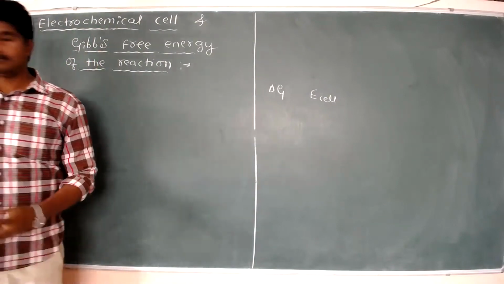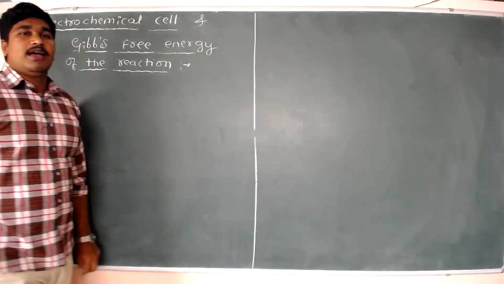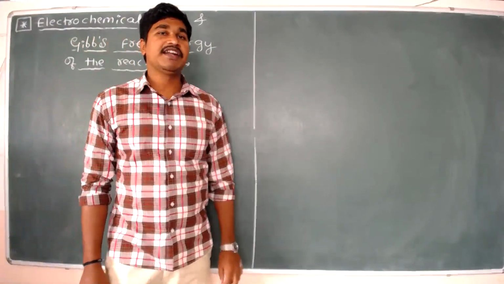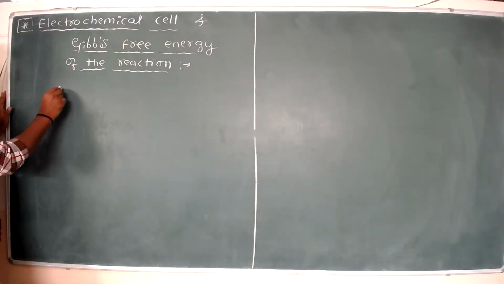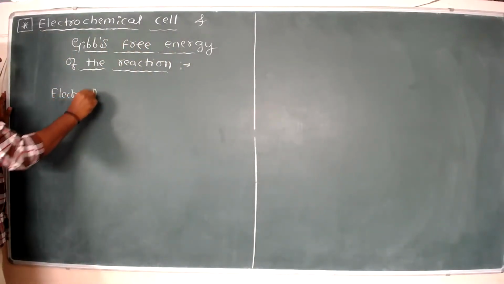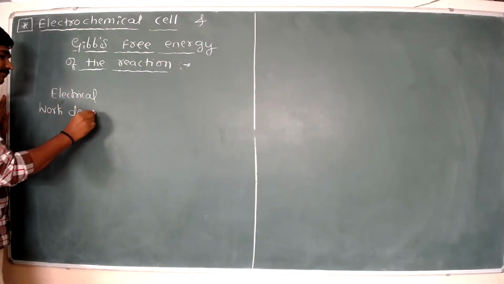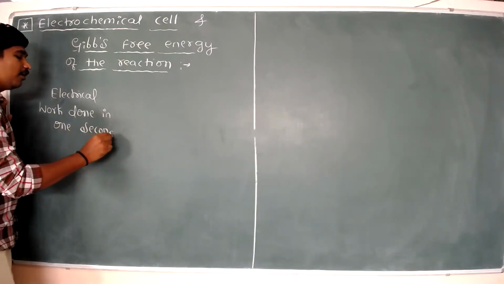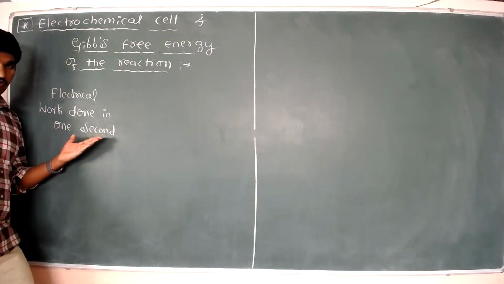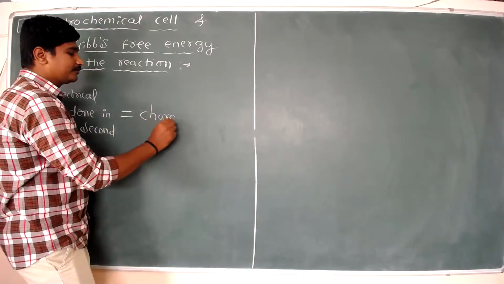Now, if you want to calculate the electrical work done in 1 second, we have to use a formula. The electrical work done in only 1 second can be calculated using the formula: charge into electrode potential.